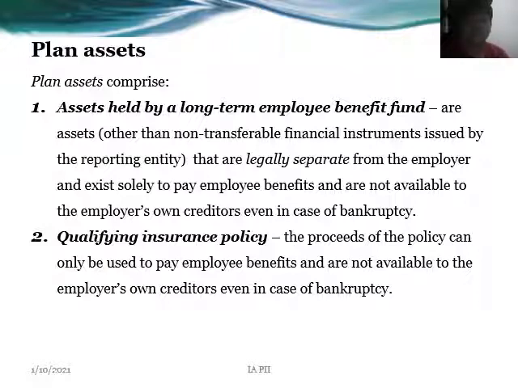Para makasama sa plan assets yung insurance policy, kailangan naka-set aside lang siya, naka-earmark lang siya, or naka-designated lang siya para sa payment ng benefit ng employee. And sabi dito, in case of bankruptcy, hindi rin siya pwedeng kunin ng creditor.